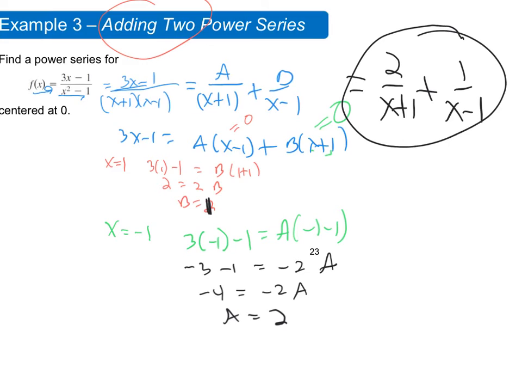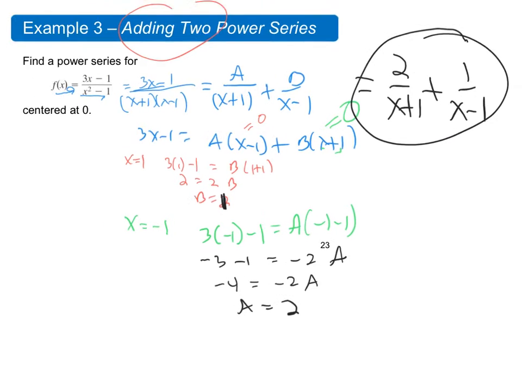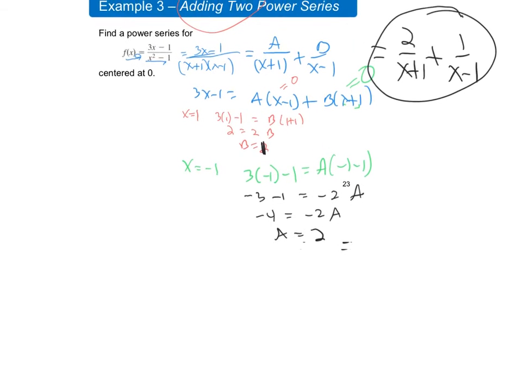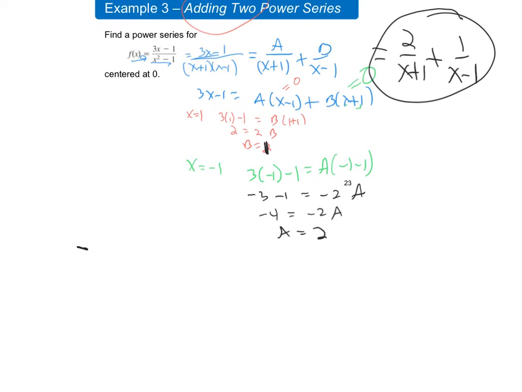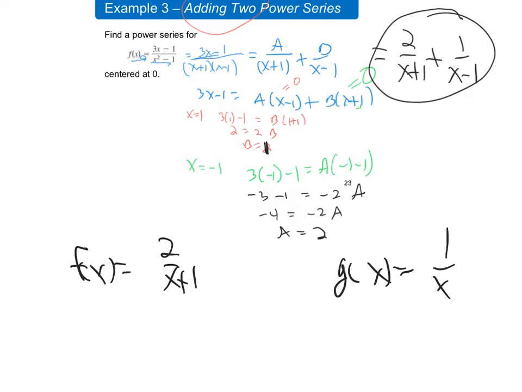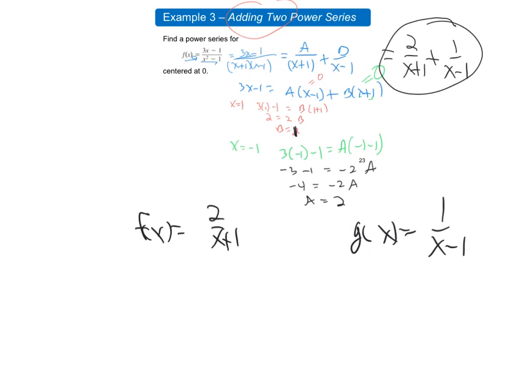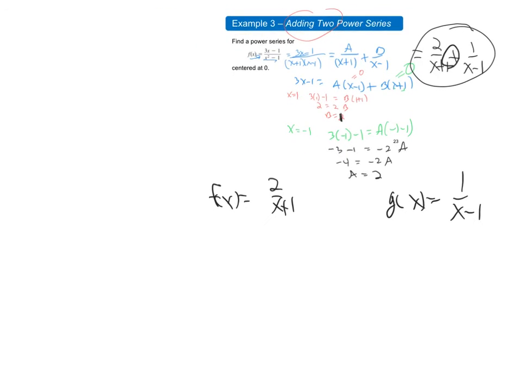Those are two beautiful rational functions that could be turned into geometric power series. Wow. So f of x is 2 over x plus 1. G of x is equal to 1 over x minus 1. And we are adding them together. So let's handle them separately.